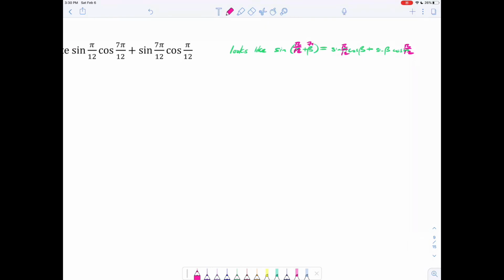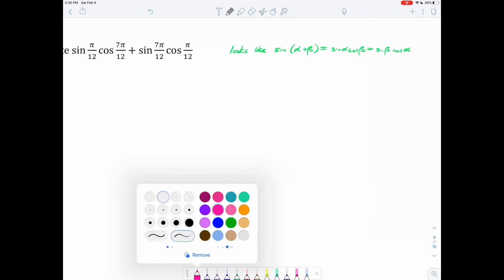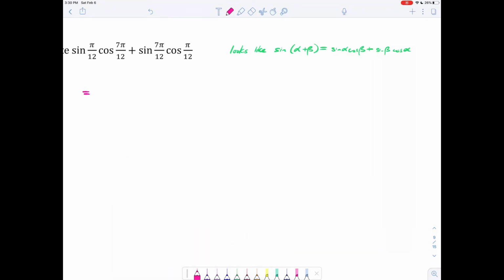Let's get rid of all the excess here. And I can write that this is using the sum angle formula, or sum identity. So that's the sine of pi over 12 plus 7 pi over 12.